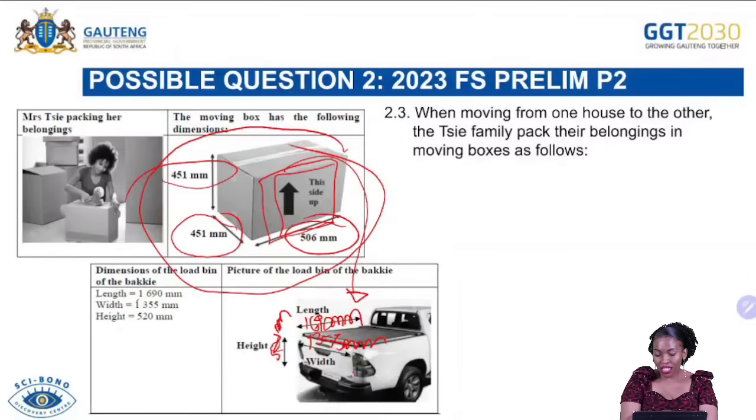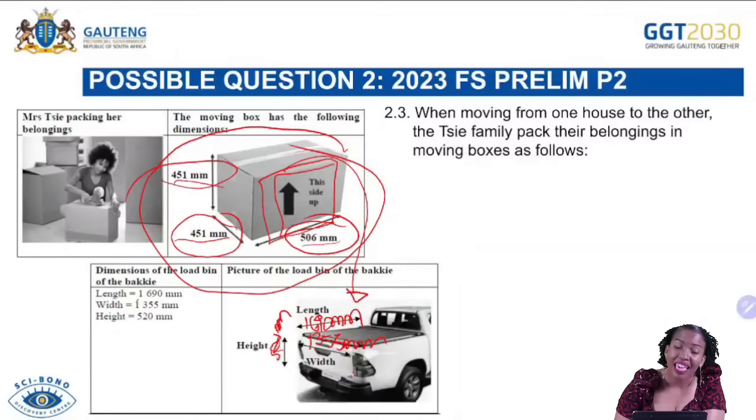When you package, the same as with perimeter, area and volume, you need to make sure that before you package your items, your units must be the same. In this case, the units of the box are in millimeters, and the units of the van are also in millimeters. So I am happy.